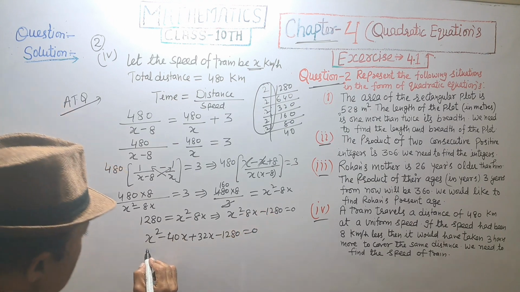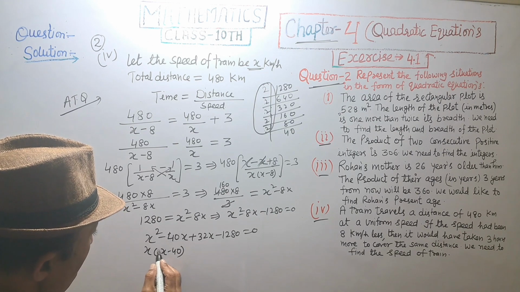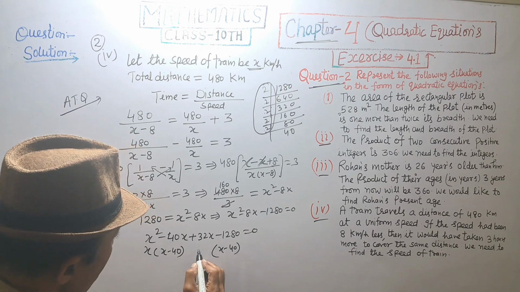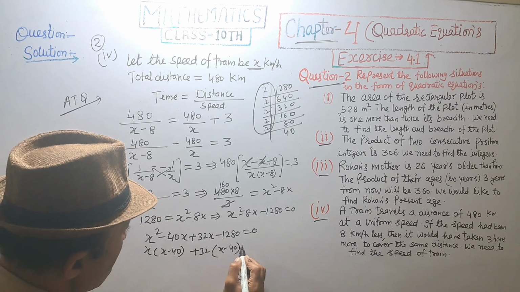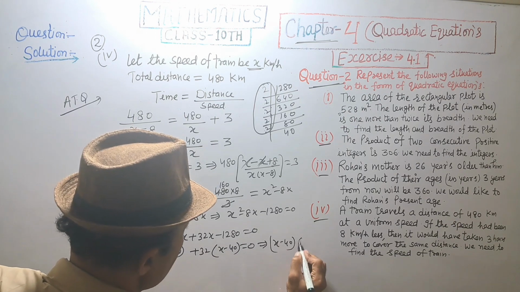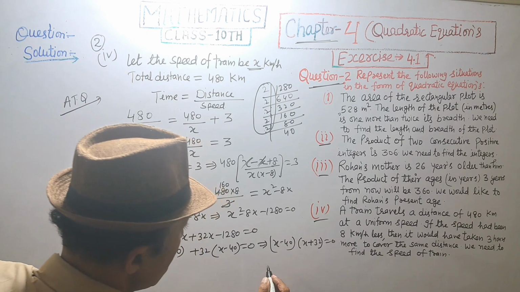So x is common, x minus 40 in brackets, and plus 32 is common, x minus 40 in brackets equal to 0. This implies x minus 40 is common, x plus 32 is also common, equal to 0.